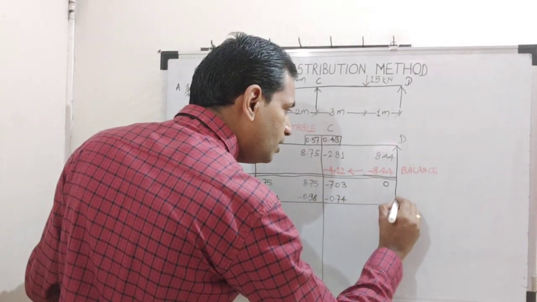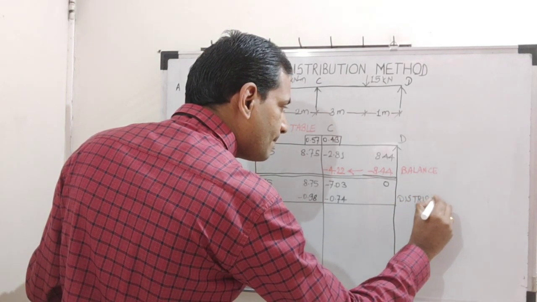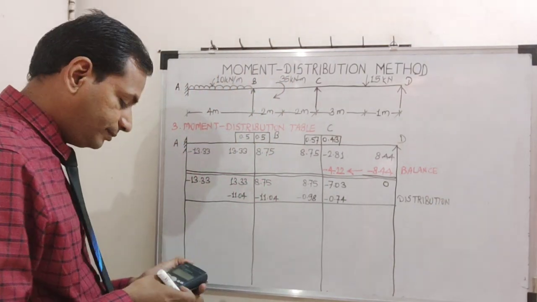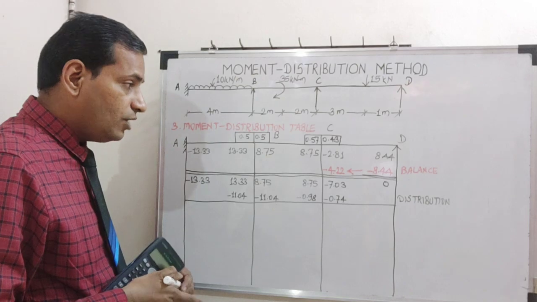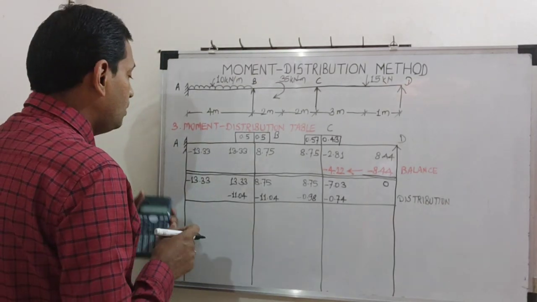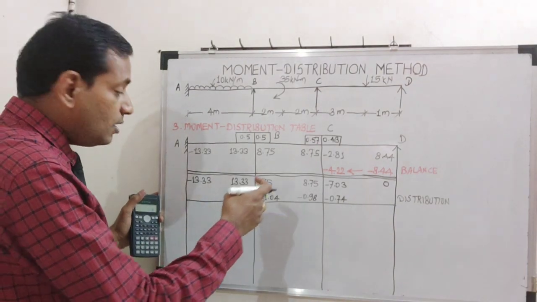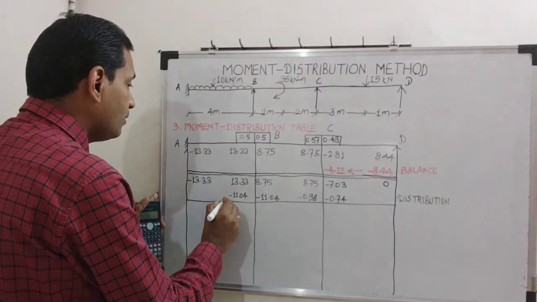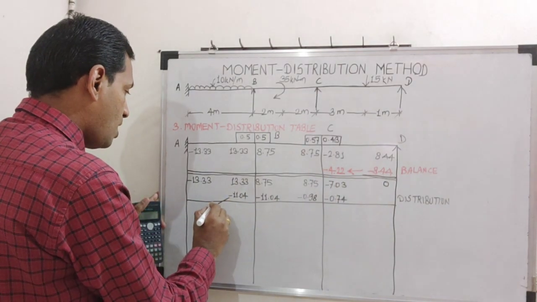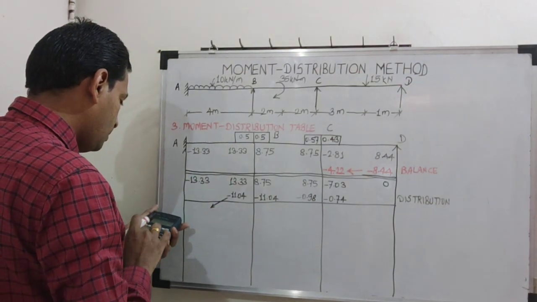Okay, so I am writing here now distribution. Now we have to take carryover. Now what is carryover? We have already seen this in previous session. So if the far end is fixed, to the far end we are taking half value of the moment, just like this. Okay, so half of minus 11.04, how much is that?